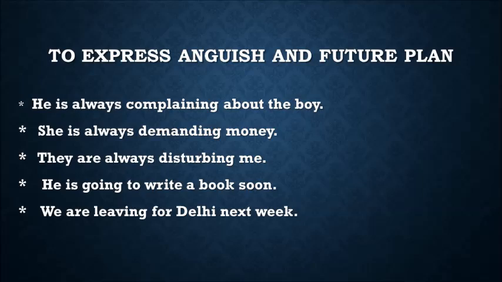It is not said that if there is a future plan, you have to write your sentence only in future tense. No. Look at this example: He is always complaining about the boy. That is an anguish. Always complaining. Then she is always demanding money. Always demanding. They are always disturbing me. So these examples tell you that continuously he is disturbing me.